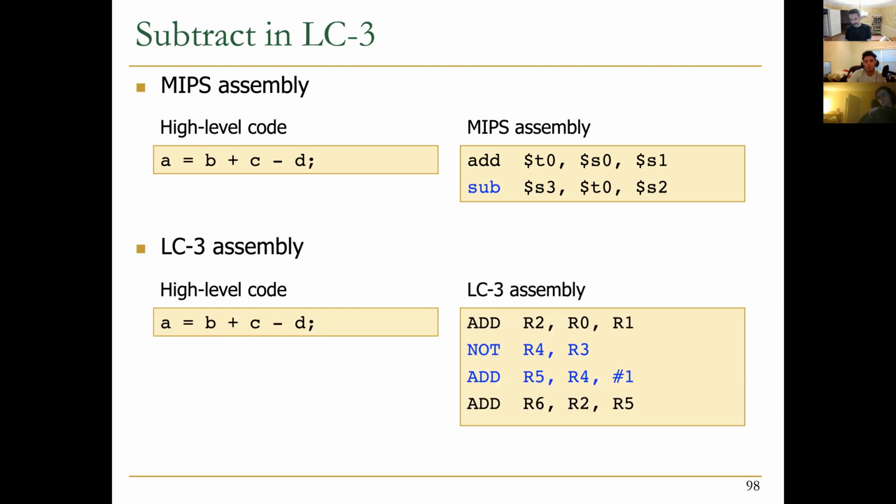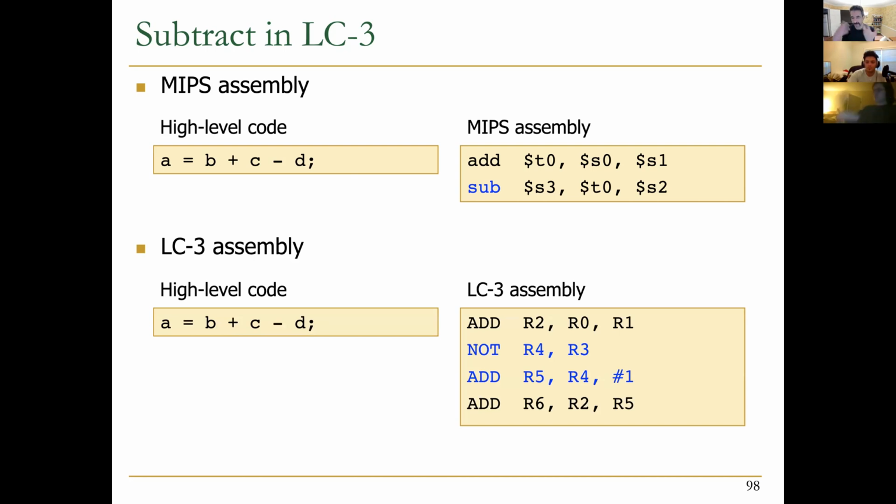In LC3, we do not have a subtract instruction. Instead, we need to use not and add in order to do the same. So essentially, we need more instructions.